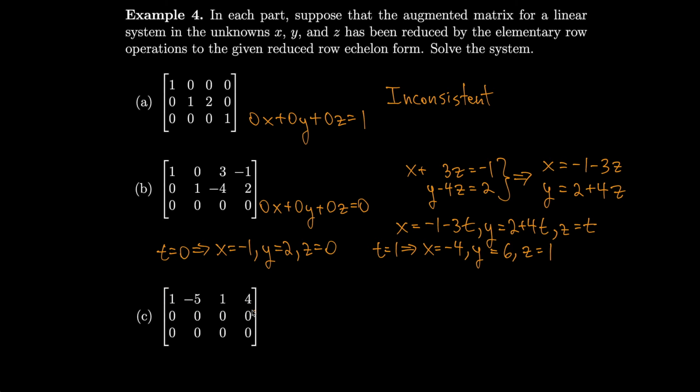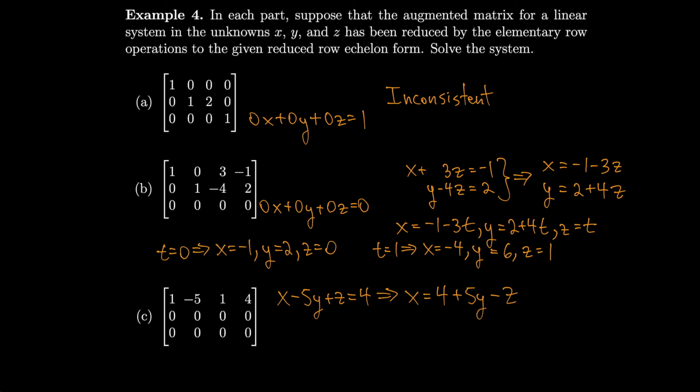Notice this is also going to give us 2 free variables. There's no leading 1 for y, there's no leading 1 for z, so we'll have y and z as free variables. We just have the leading variable x, so we'll have 2 parameters. So we'll have x minus 5y plus z equals 4. We'll solve for our leading variable, and we'll get x equals 4 plus 5y minus z.